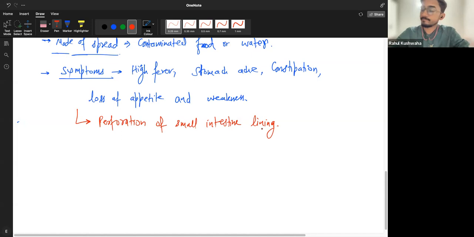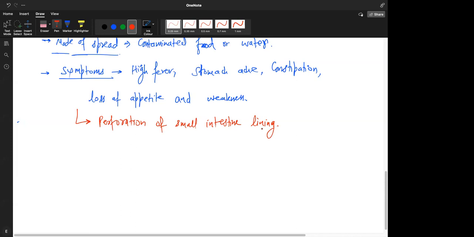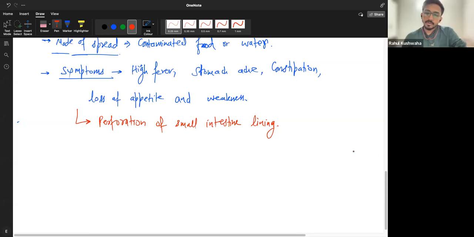Then what will happen? What do we mean by perforations, people? Like multiplying. That's not perforation. That's called growth, or that's called proliferation. Oh, I understood. Where are you confused now? So there are two terms: proliferation and perforation. Who will tell me the difference between the two?